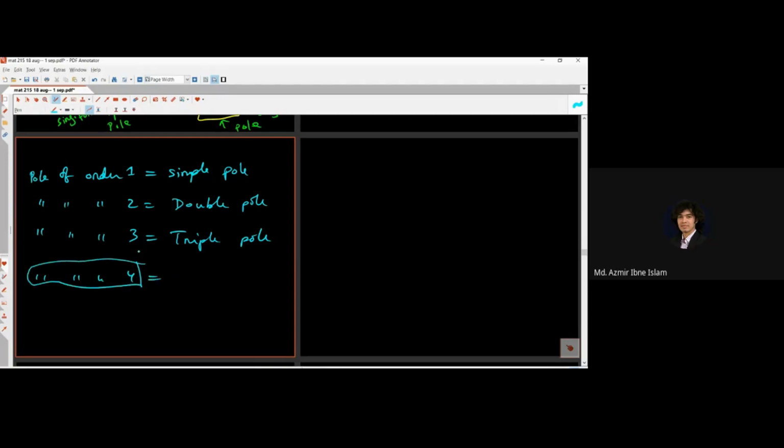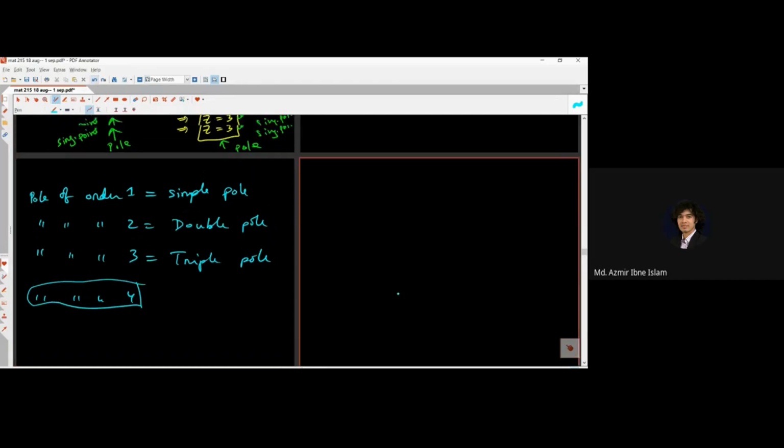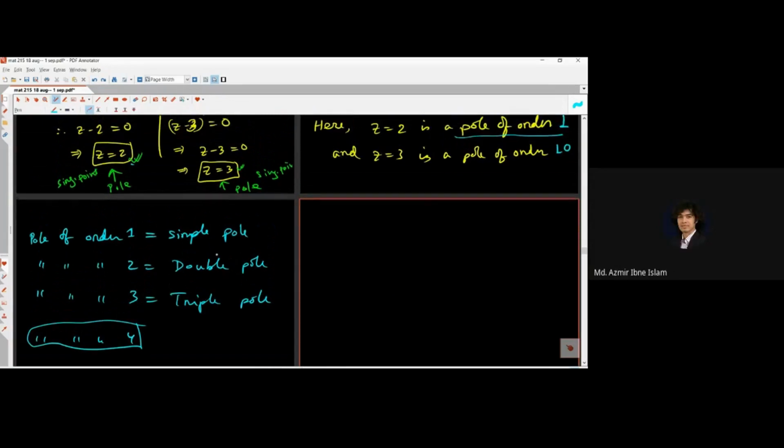We can think about fourth pole, fifth pole, but this has no specific names. The first three have specific names: simple pole, double pole, and triple pole. Is that okay? Sometimes in your question it will be mentioned to find a simple pole, find a double pole, find a triple pole. So you have to understand that simple pole means pole of order 1, double pole means pole of order 2, triple pole means pole of order 3.